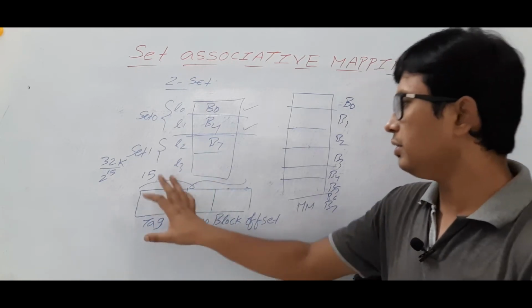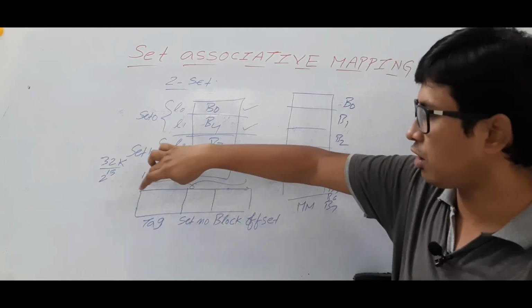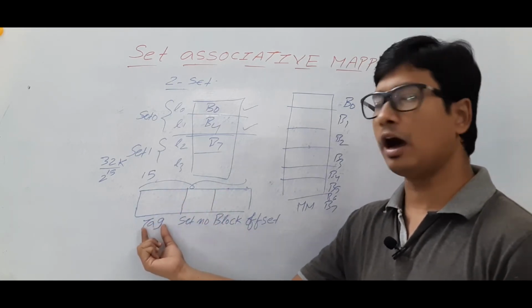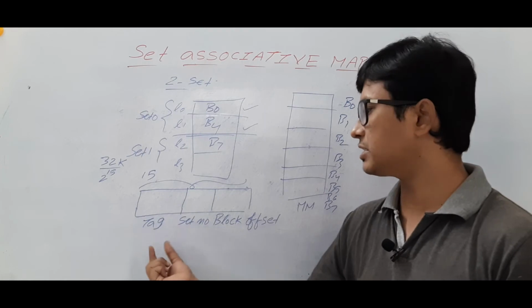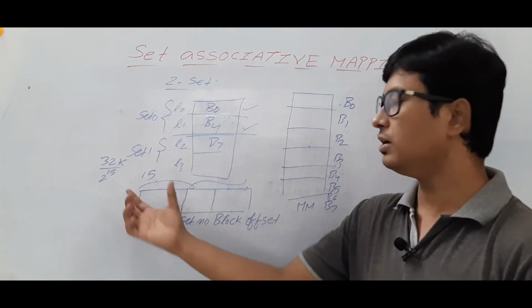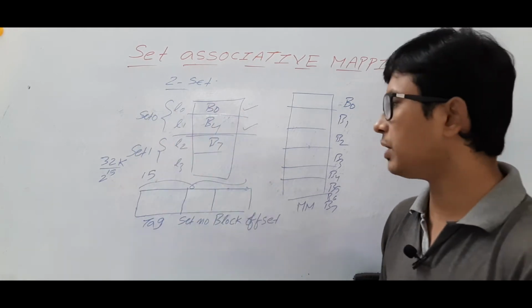I hope you have understood how I calculated it. The tag bits plus set number bits plus block offset bits will be 15. Just for an example I am telling.